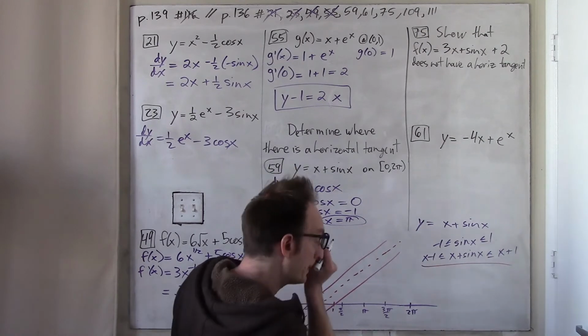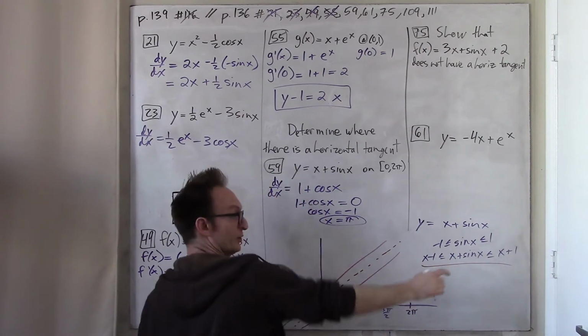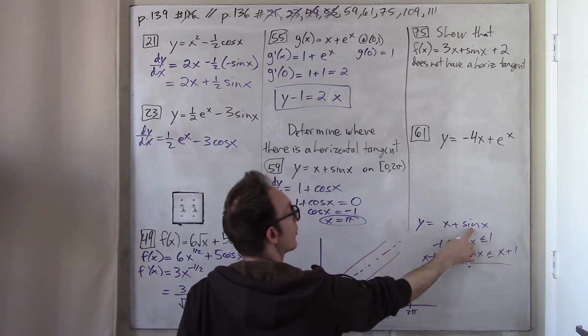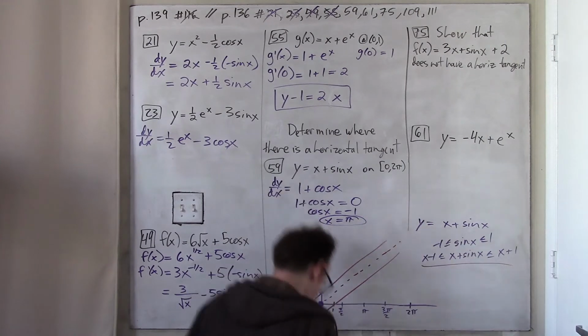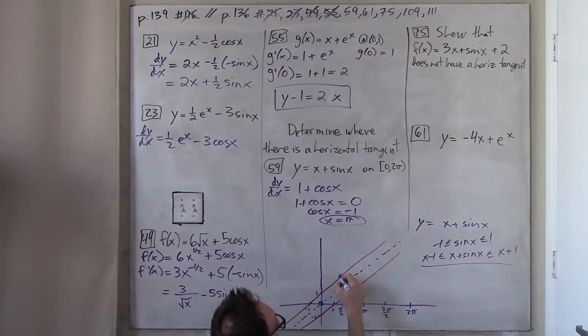When you plug in pi over 2, sine of pi over 2 is 1, so you're going to get 1 plus pi over 2. In other words, you're going to land at pi over 2 on the line y equals x plus 1, because you're going to be 1 more than x. And when you get to pi, what happens?